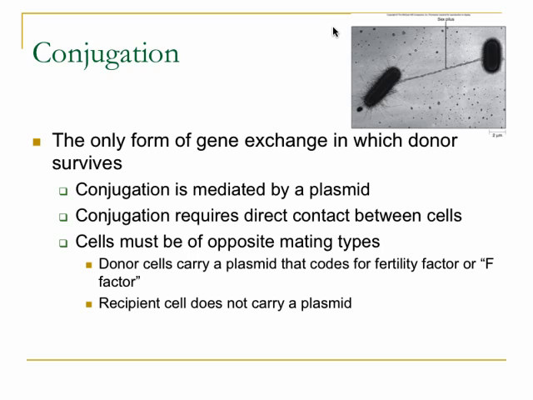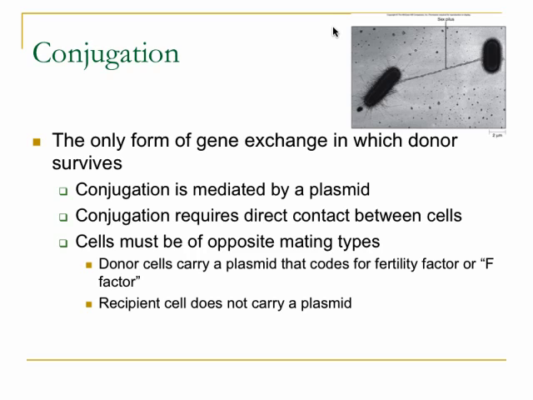And this requires a special set of genes by the donor cell. So only those cells that encode that specialized pilus called the sex pilus, or the F factor, will be able to form this connection to another cell.